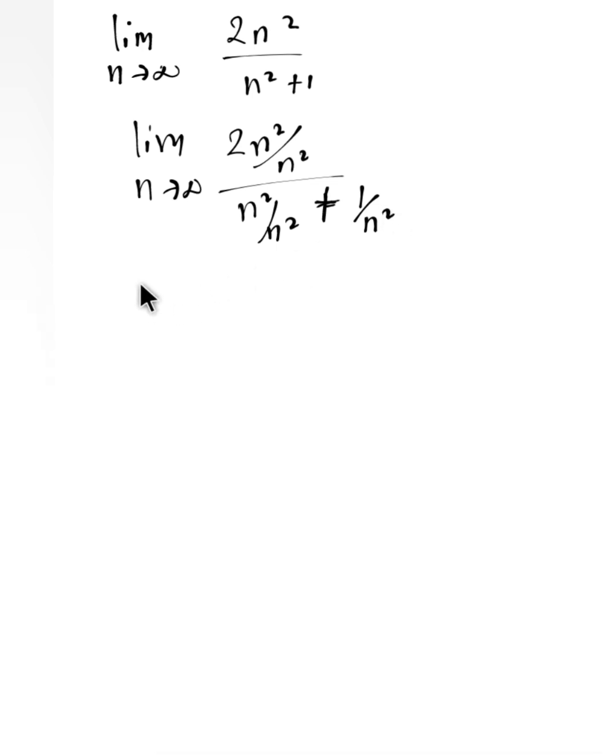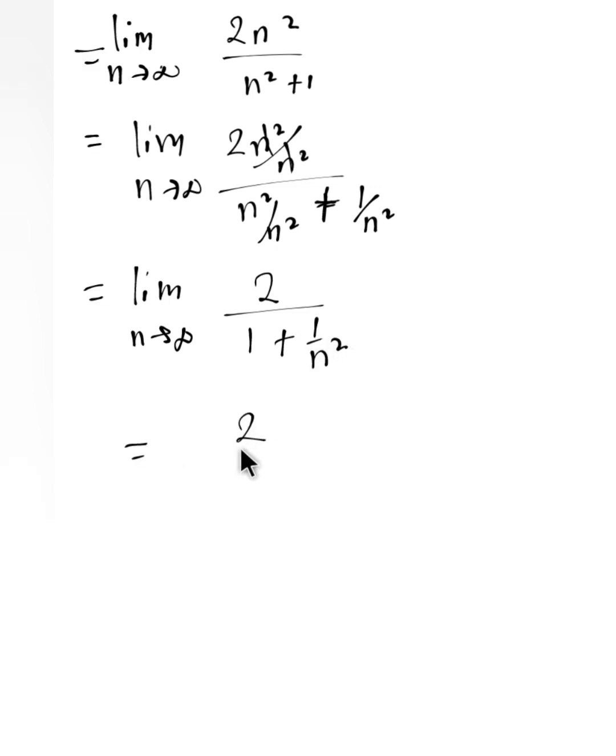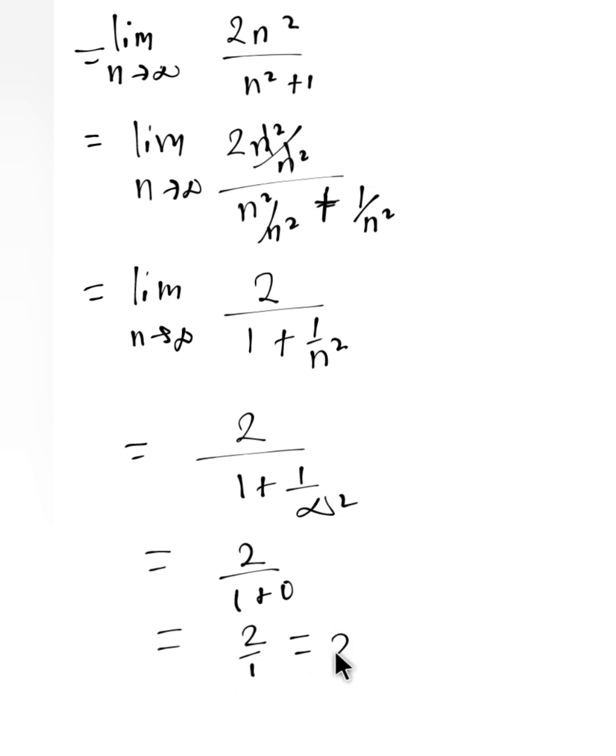If we simplify this, n squared cancels n squared, and we have 2 all over 1 plus 1 over n squared. It becomes 2 all over 1 plus 1 over infinity squared. This gives us 2 all over 1 plus 0, and this is equal to 2 over 1 equals 2.